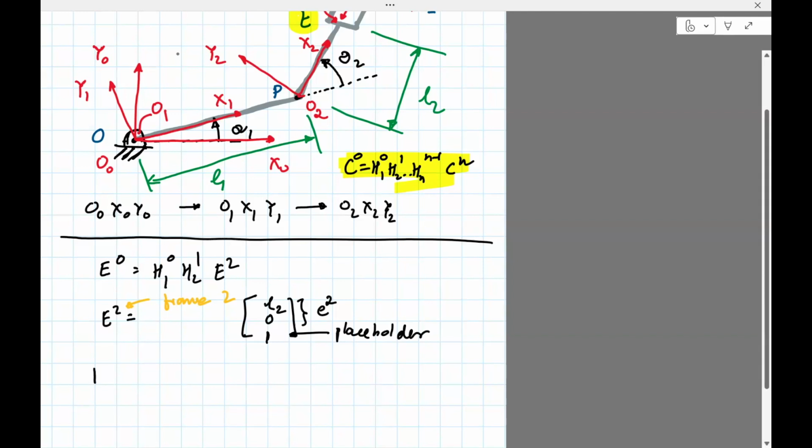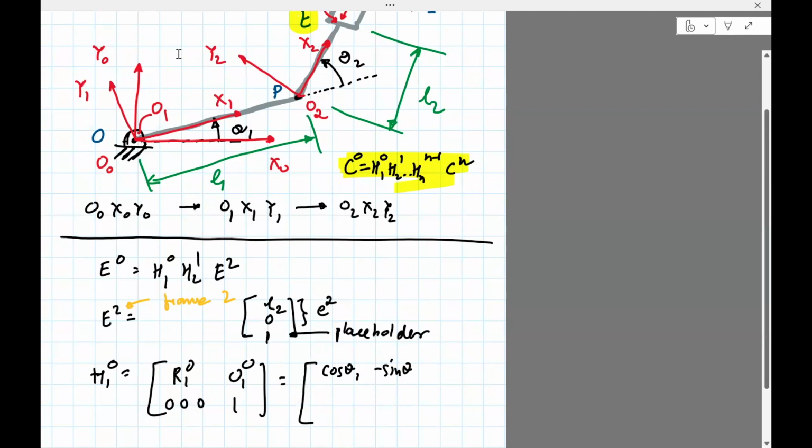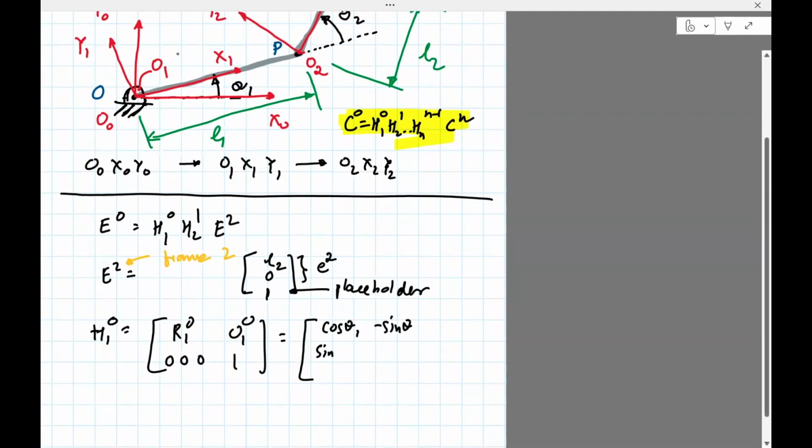Okay, so what's H1? Going by the definition, it's going to be R1^0, 0, 0, 0, O1^0, 1, right? So R1^0 is cosine theta 1, minus sine theta 1, sine theta 1, cosine theta 1, 0. This should be, sorry, two zeros.